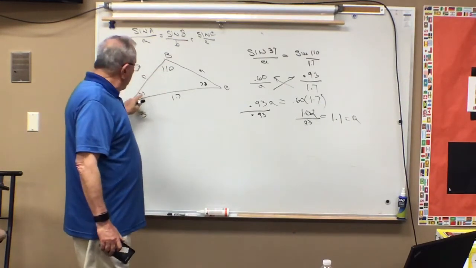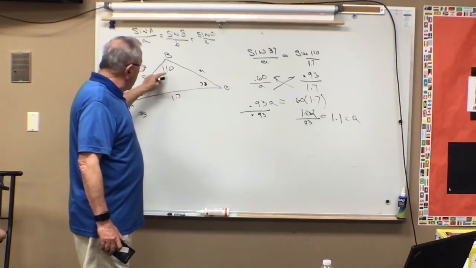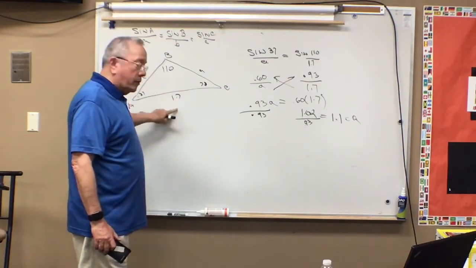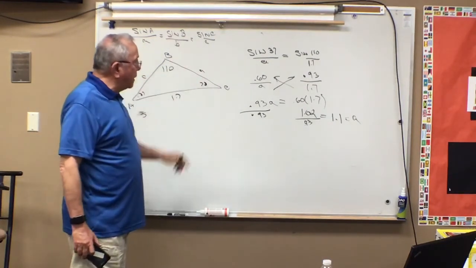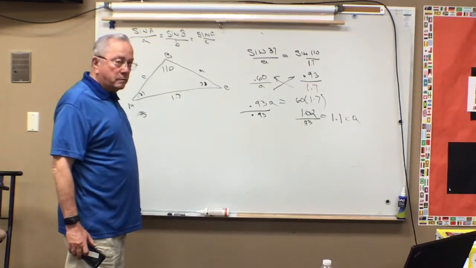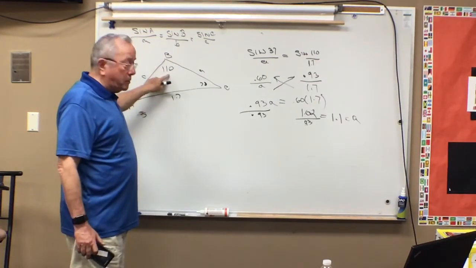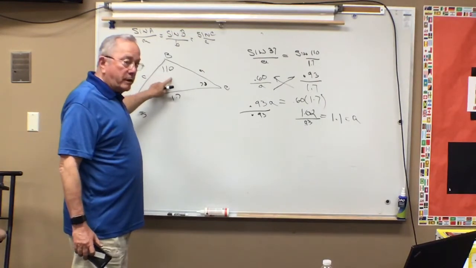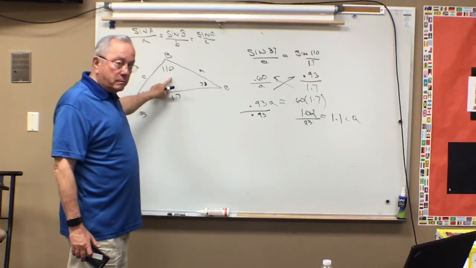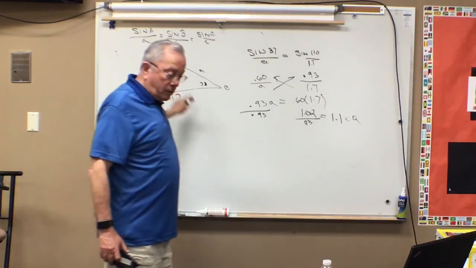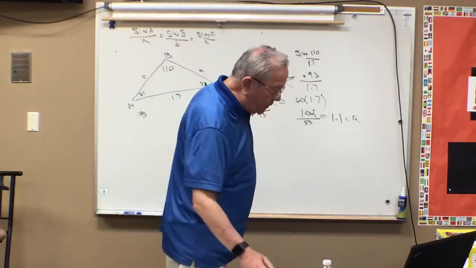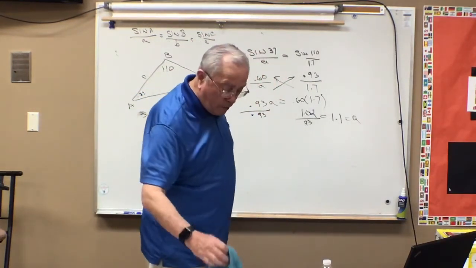Now I've got 37 over A equals 110 over 1.7, and now we can work the problem, can't we? So you've got to understand why we have to put in this missing value. If you didn't put this in here, you couldn't do the problem. So make sure you do that. Let's find one where we have to find an angle, because then we're going to run out of time.